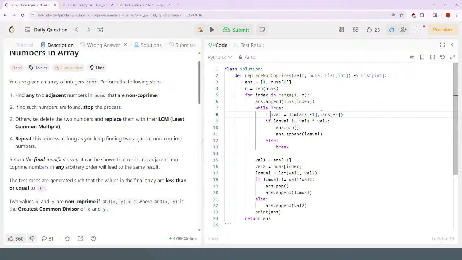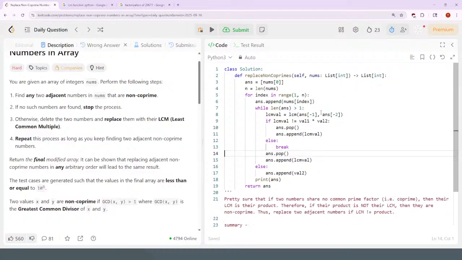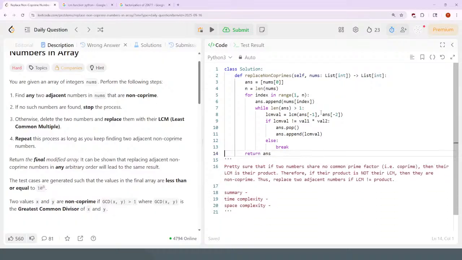Alternatively, I can do while the length of answer is greater than 1. Alright, I think that might work, or it might solve this issue.